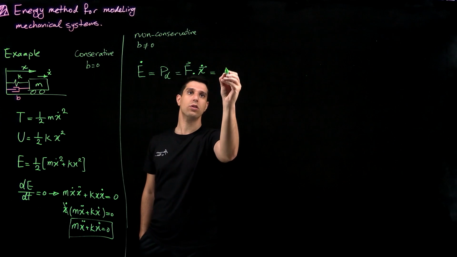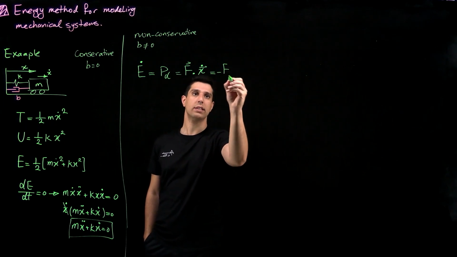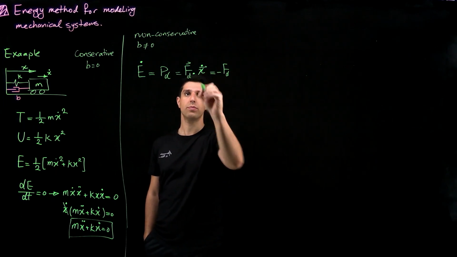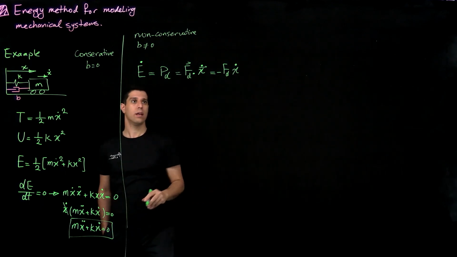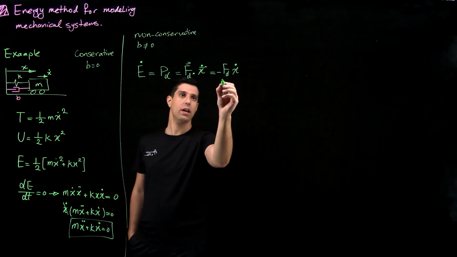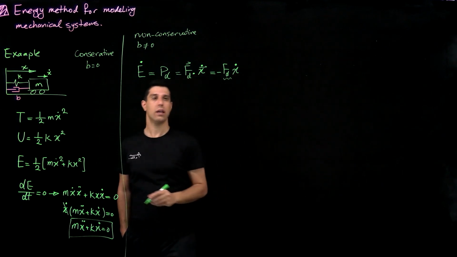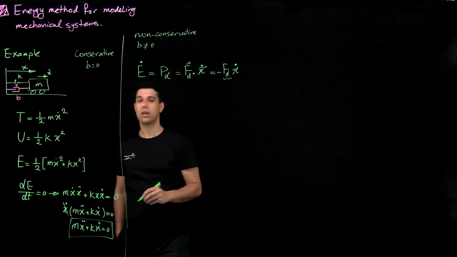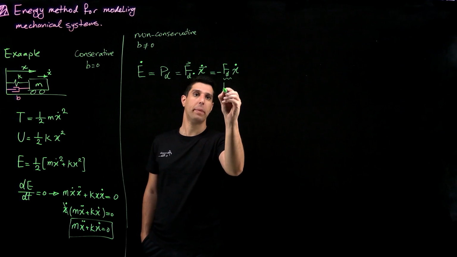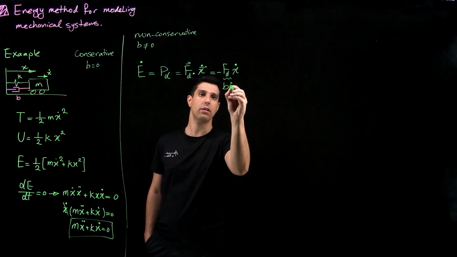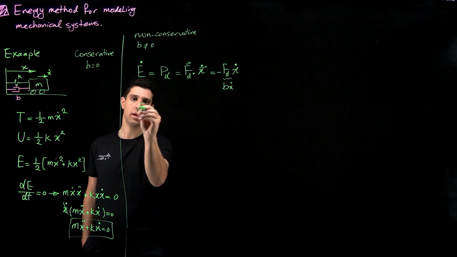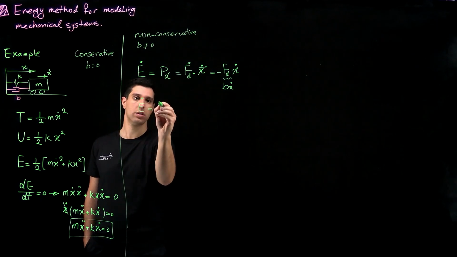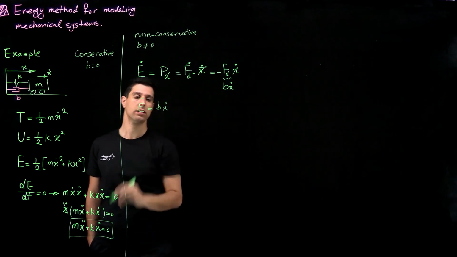So this is going to be minus Fd x dot, and Fd is b x dot itself. So this whole thing, E dot equals minus b x dot times x dot.